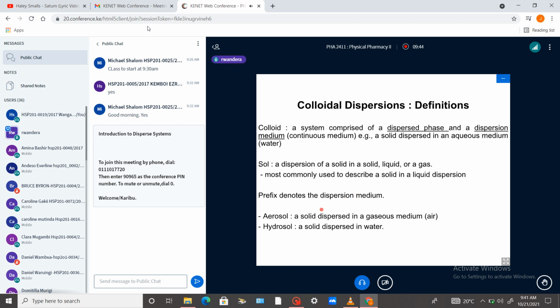For example, when you have the term aerosol, I believe you've come across this term. Aerosol refers to a solid dispersed in a gaseous medium. So the medium is air. Hydrosol will be a solid dispersed in water. So the prefix hydro refers to the dispersion medium, which is water.